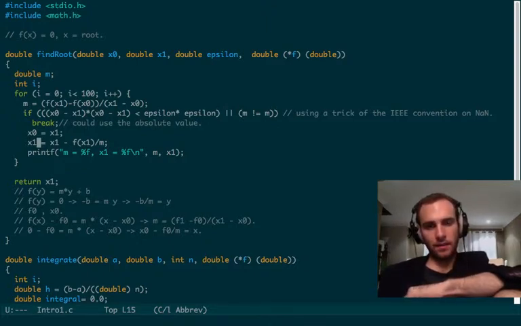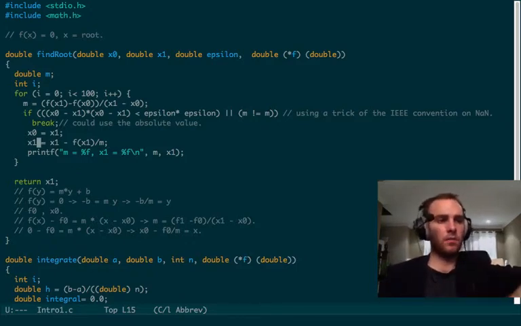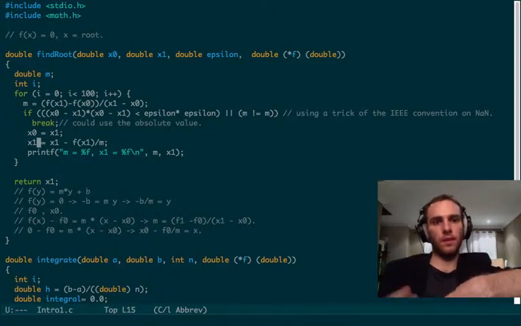But again, it's not guaranteed to be faster, and if it's not working properly, it will probably be slower, because when you cut in half all the time, the biggest interval that remains always diminishes by 2 to the n.